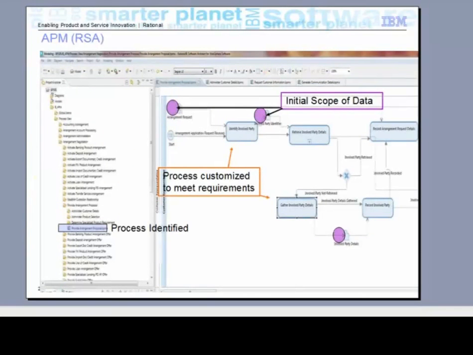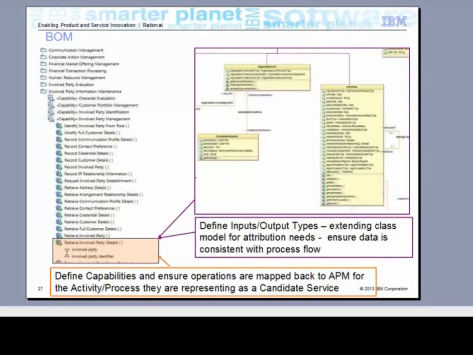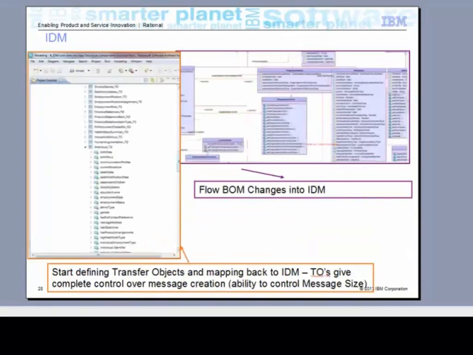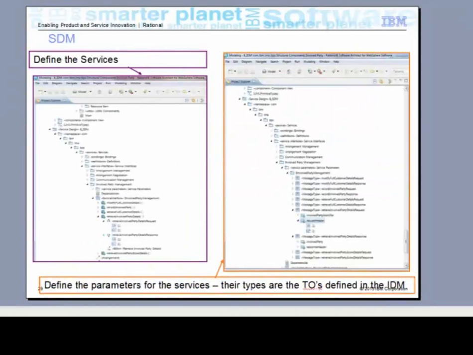Here are some additional screenshots that show the analysis process model inside of RSA, the business object model, the third normal form class model inside of RSA. And then showing how the business object model flows into the interface design model and the component and objects in that, and the service design model.